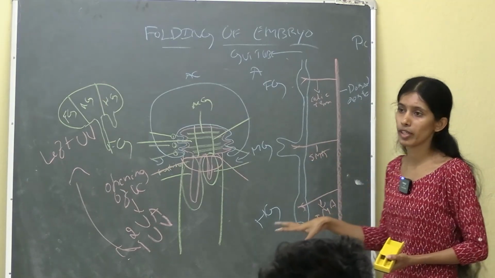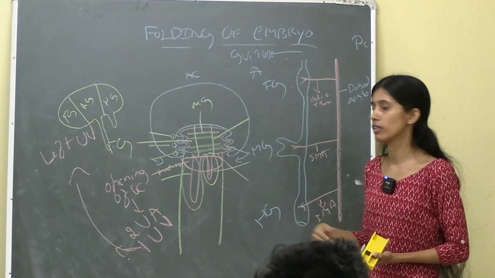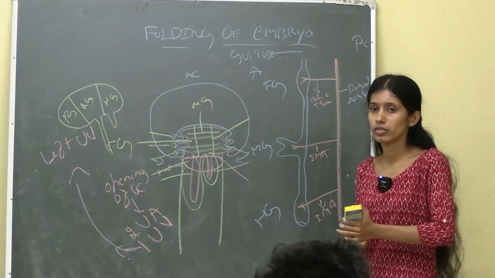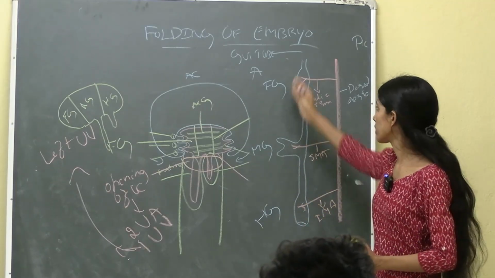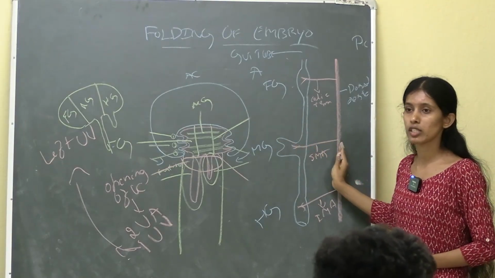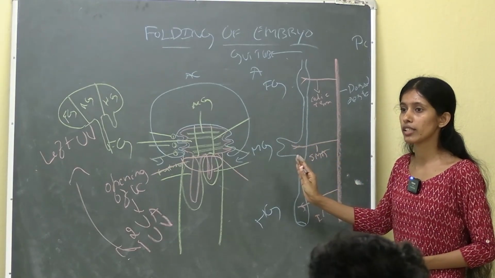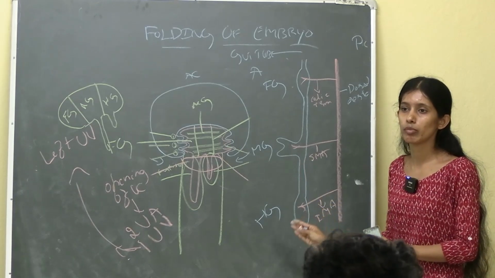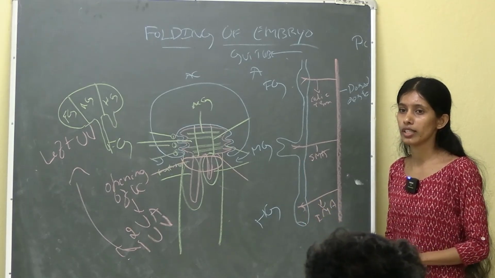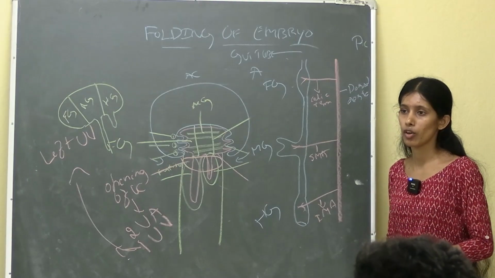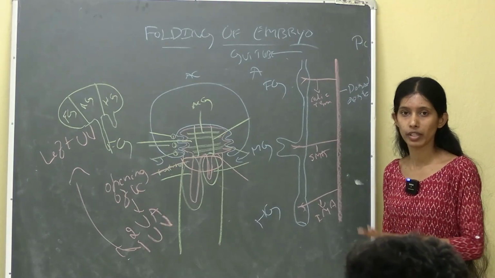This is another way to classify or tell the different parts of the gut region. If the gut region is supplied by celiac trunk, it is called foregut. If it is supplied by superior mesenteric artery, it is called midgut, and if it is supplied by inferior mesenteric artery, we call it hindgut. These are the three different ways to classify your gut region or primitive gut.